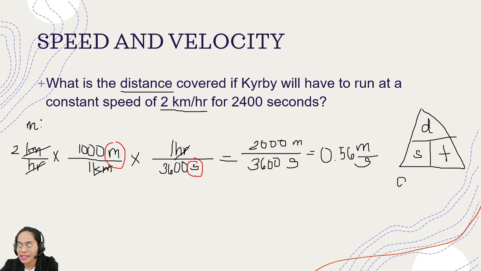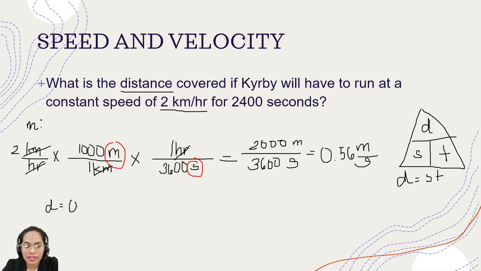Ang distance na kinukuha natin, distance is equal to kasi nasa taas siya. Kapag magkatabi sila, it means this should be multiplied with each other. So S and then T. Speed times time. Now let's try to multiply.